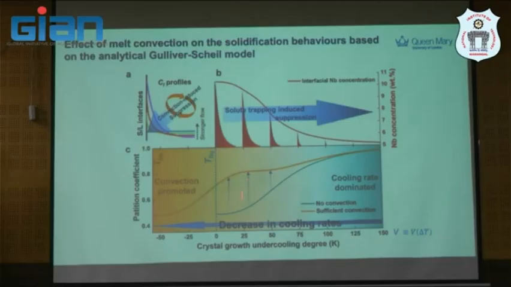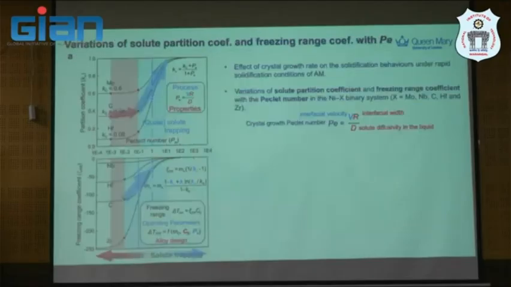So this gap here will lead to difference in the partition coefficient during processing. And that is what it is here, the variation of partition coefficient, this is partition coefficient K, and then this is the Peclet number, which is linked to the crystal growth of the process. There is an interfacial velocity of the growth, interfacial width, and the solute diffusivity in liquid.